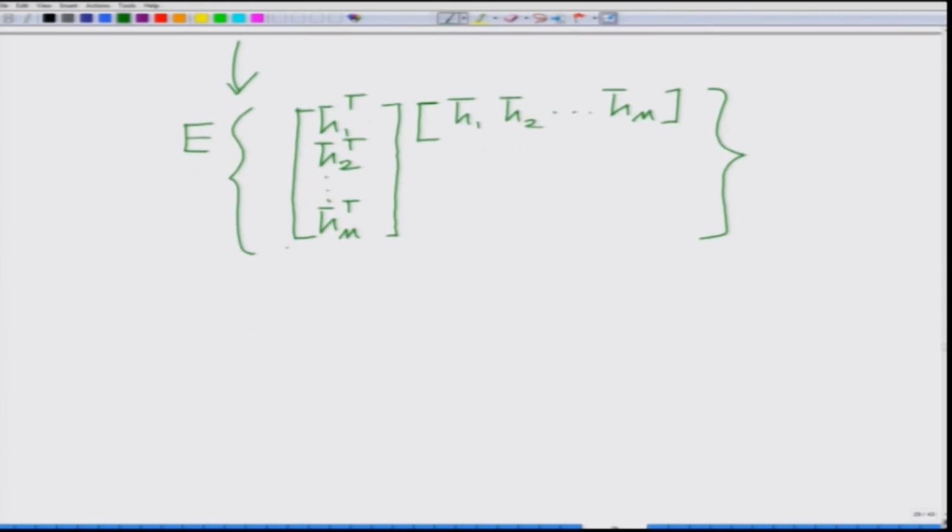Now look at this: H is M cross R, and H transpose is naturally an R cross M matrix.